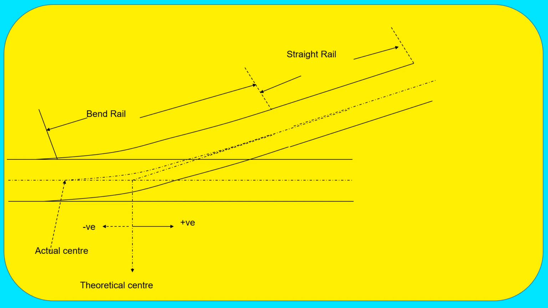If you extend the center directly by a straight line, not using the bend portion, and connect straight with the main line, where it meets the center line of the main track is called the theoretical center.